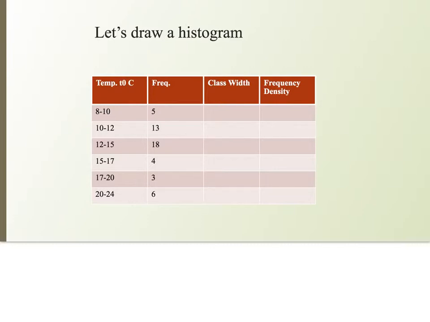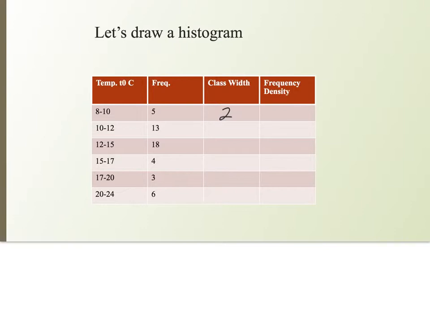So what we're going to do, these here are my class intervals, and I will find my class width by finding the difference between these here. So for example, for this first one, the class width would be 2, because all I need to do is find the difference between 8 and 10, or take it away if you want to look at it that way.